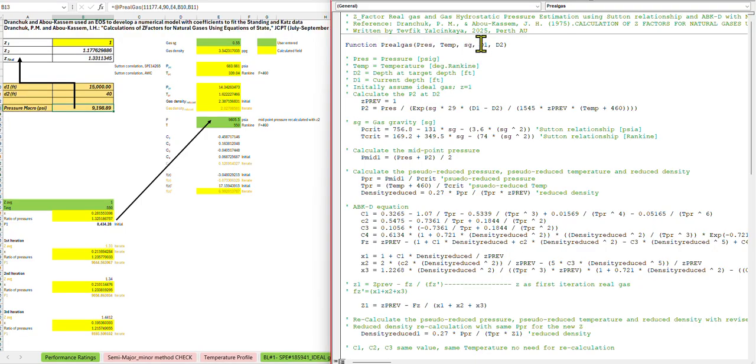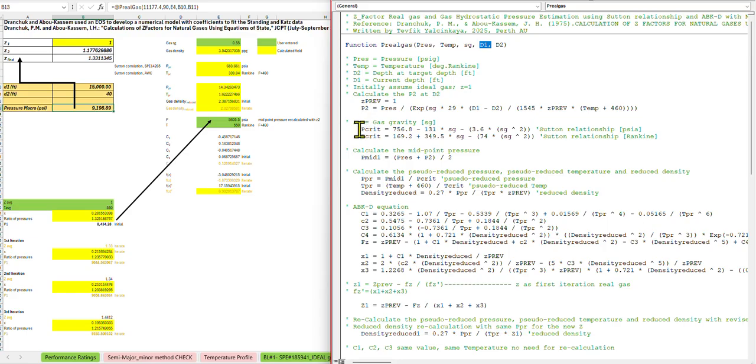Then you have depth 1, which is the current depth, and depth 2 is the target depth, where we are interested in finding out the pressure at D2. First of all, we start with the assumption of an ideal gas, and then we use our exponential function to find the pressure at D2.